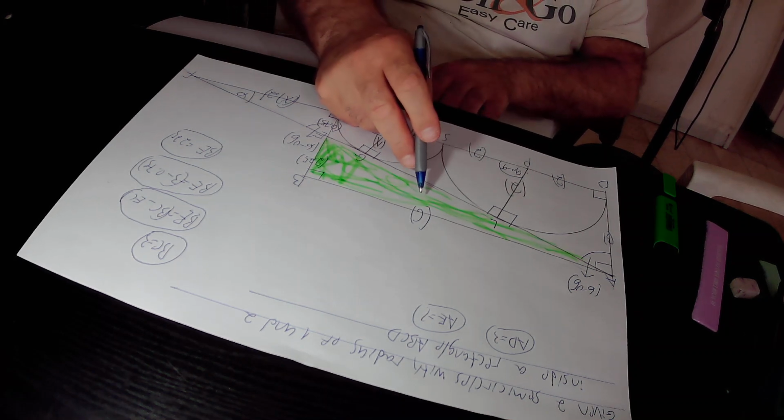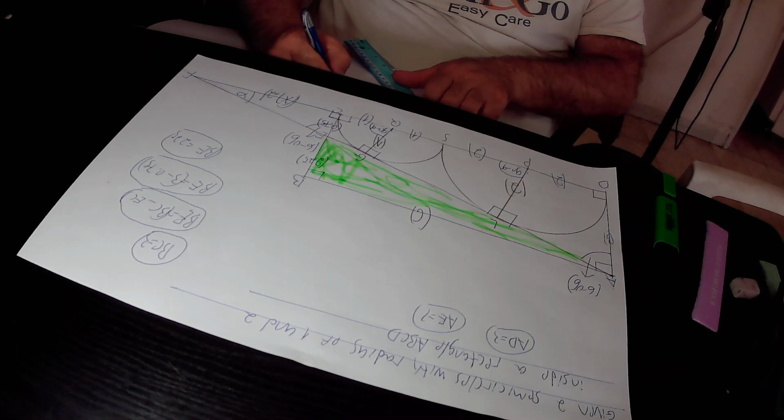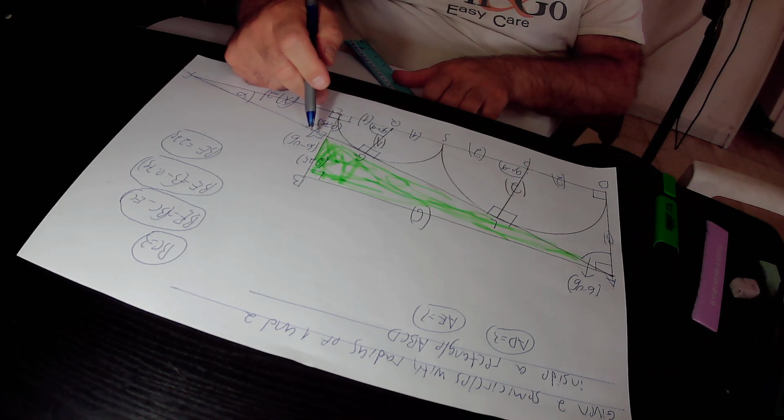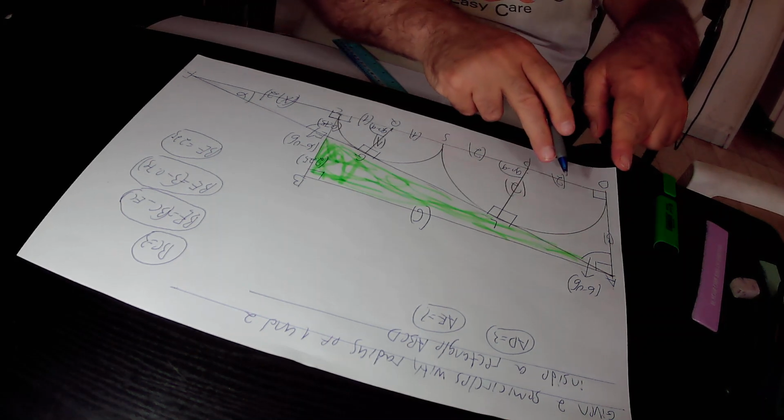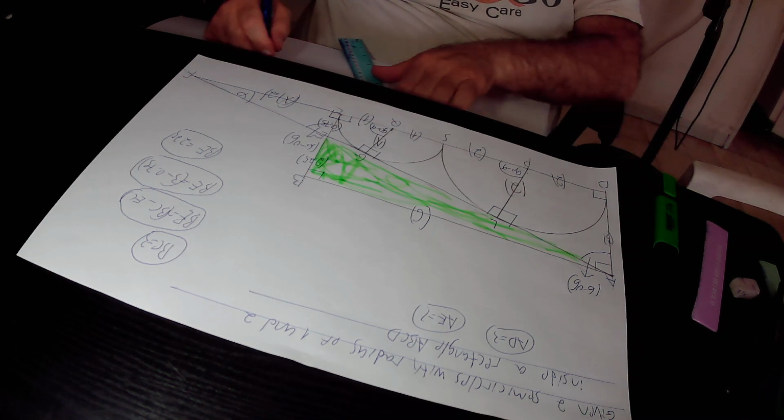Side AB equals 6 units in its length. Side BE equals 2.25 units. And the hypotenuse AE is the missing side.